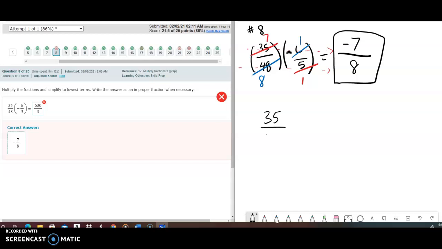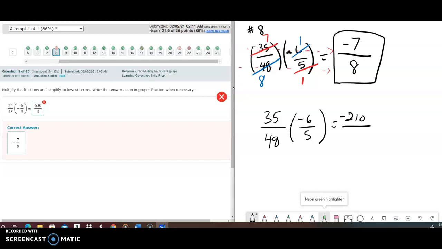Where if I did not simplify as I was multiplying, then I would end up with, let me put this in the calculator, 35 times 6, which is 210, and 48 times 5, which is 240.